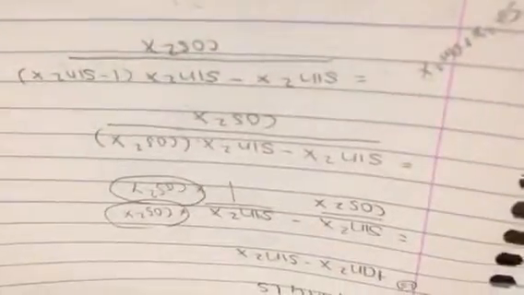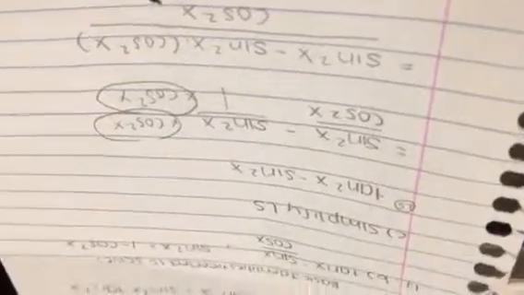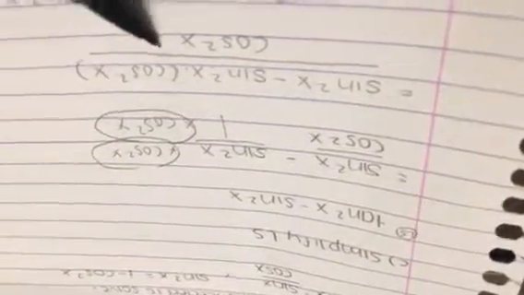Right now what we have is sine squared x minus sine squared x cos squared x, over cos squared x. But we want a tan. In tan, the sine is at the top and the cos at the bottom. So we have a cos at the bottom, yay. But we don't have all sines at the top. So I'm thinking maybe we should change this with the Pythagorean identity into 1 minus sine squared x. See where it leads us.